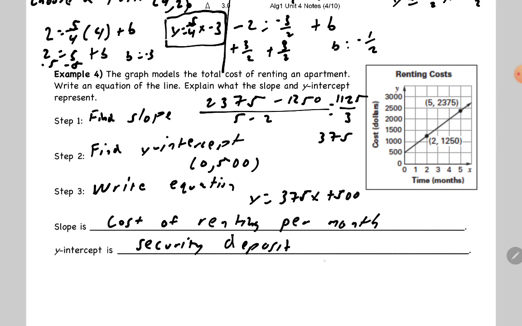You have to pay $500 up front, just in case you're a bad person and you ditch out without paying at the end of the month. So they ask for money up front in case you damage the apartment, or in case you don't pay and just leave. That way they don't lose any money.